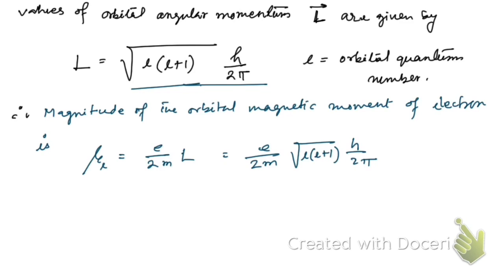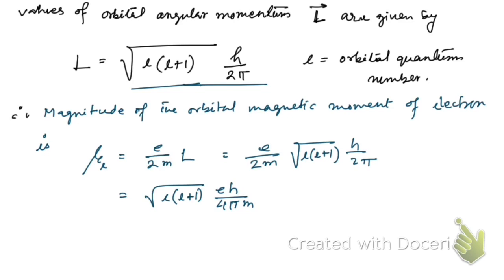That gives us mu L equals root over l into l plus 1, times eh by 4 pi m.